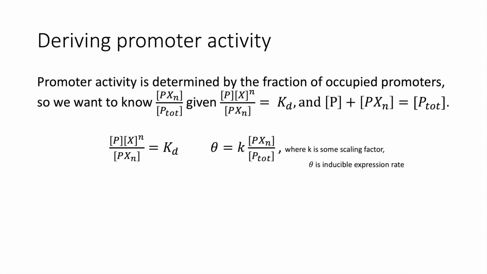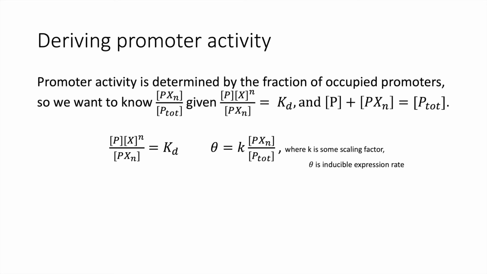So we have our dissociation constant equation on the left as it was before, and we're going to define theta as our inducible expression rate, or repressible. I suppose it's just regulated expression rate. And then we have the fraction of bound promoters, which is the PX^n over P_tot term.